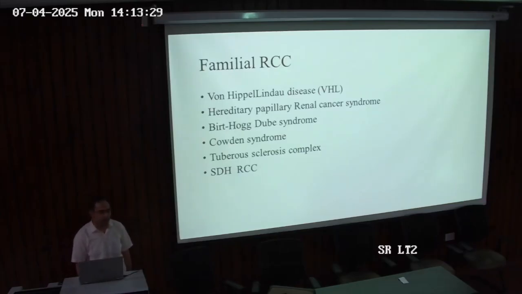It is an autosomal dominant disorder with a PTEN gene mutation. It involves hamartomas of the large intestine, RCC, endometrial tumors, and thyroid malignancy. Which thyroid malignancy is more common? Follicular carcinoma is the more common one.